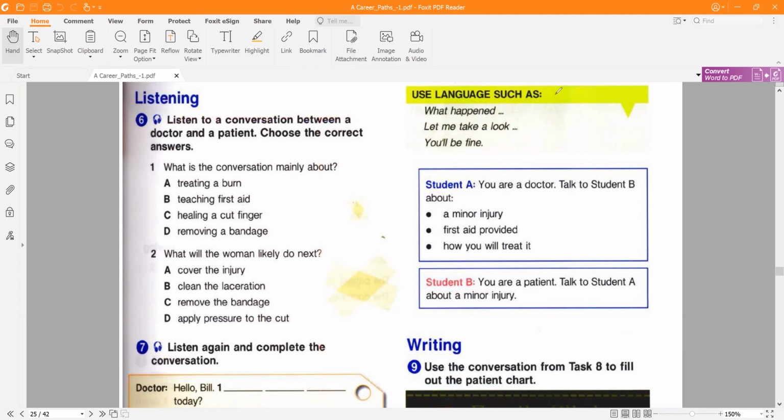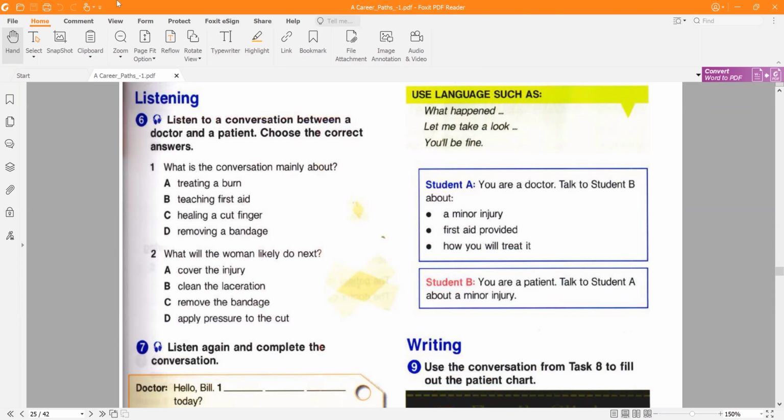Cover the injury, clean the laceration, remove the bandage, or apply pressure to the cut. Okay, so let us listen. Exercises 6 and 7, page 23.